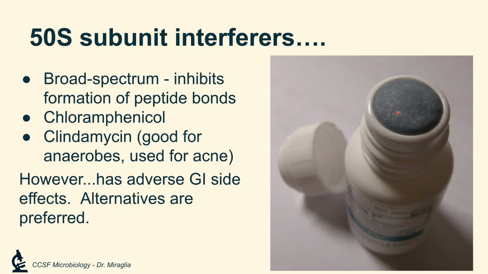Generally, this works for a couple of years, and then your bacteria develop resistance and it stops working, but it's nice while it lasts. This and other protein synthesis inhibitors tend to have significant adverse GI side effects. This one in particular, which is why we use it topically, but in general, these tend to have more stomach upset associated with them than other antibiotics.